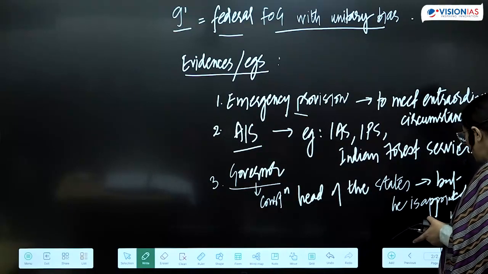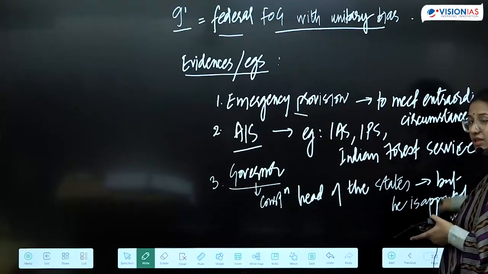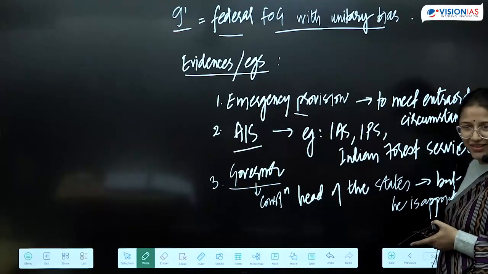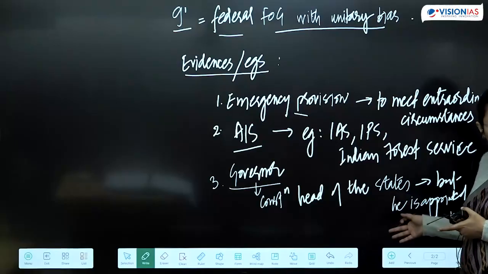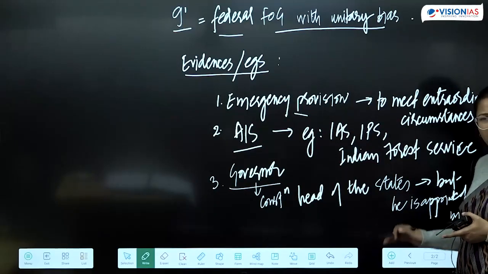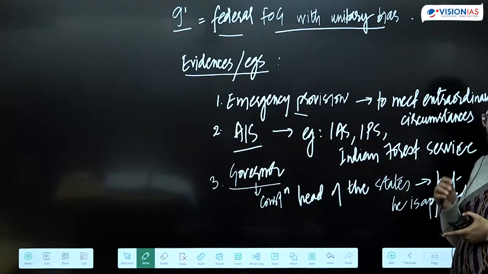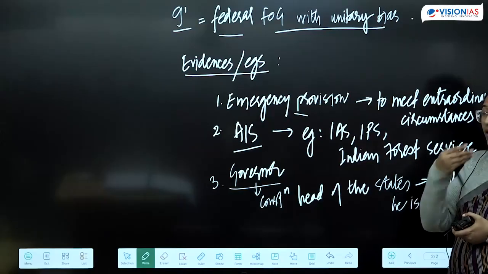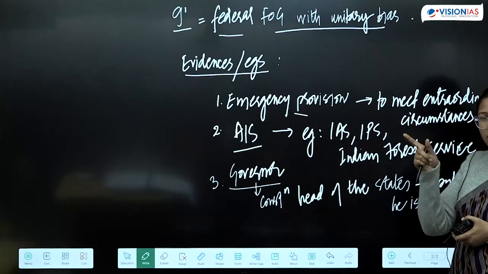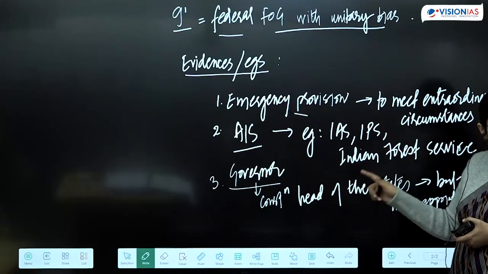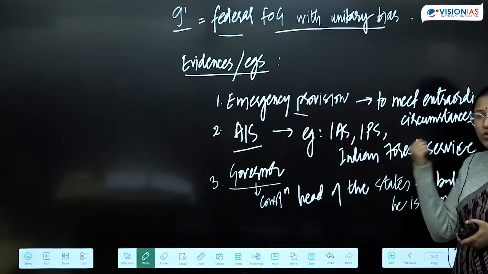Yes, so you find that their head of state is appointed by the center. He is not elected. कोई indirect election कुछ नहीं है. He is directly appointed. And if you are appointed by someone, your allegiance will lie with that person, because the central government can remove the governor also.